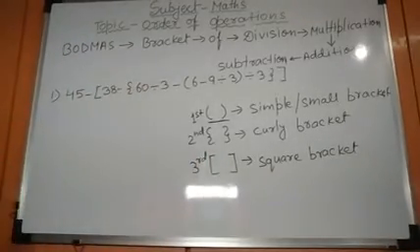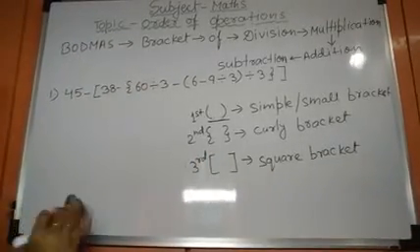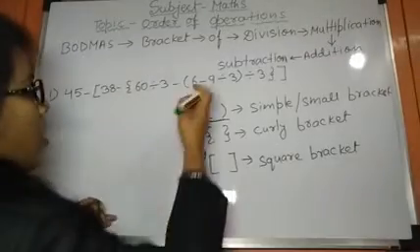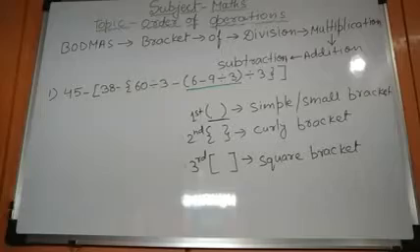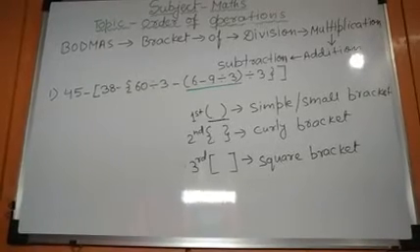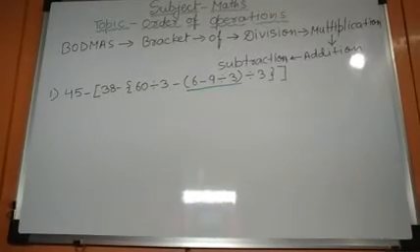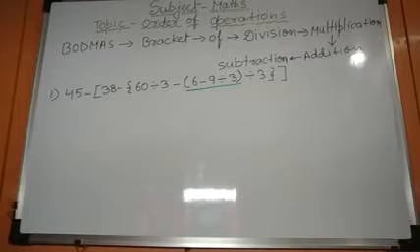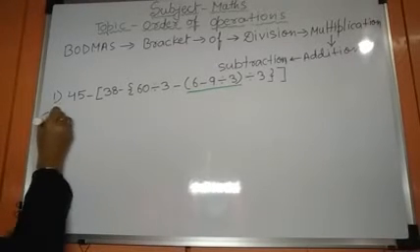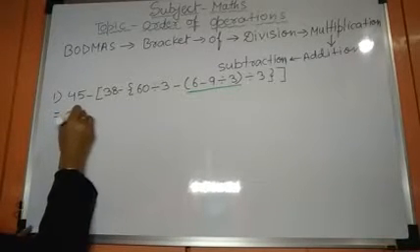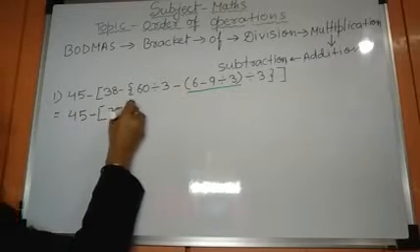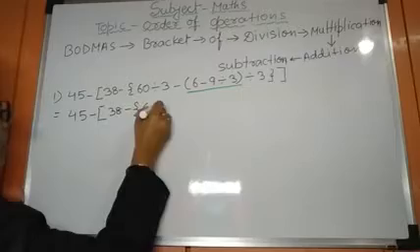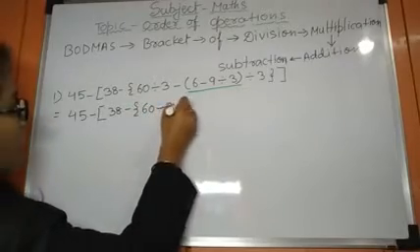So here, what should we do first? First, we will do this one, because this is the simple or small bracket. So first we will do the work of simple bracket. Leave all things as it is. We will write all things as it is: 45 minus square bracket 38 minus curly bracket 60 divided by 3 minus.